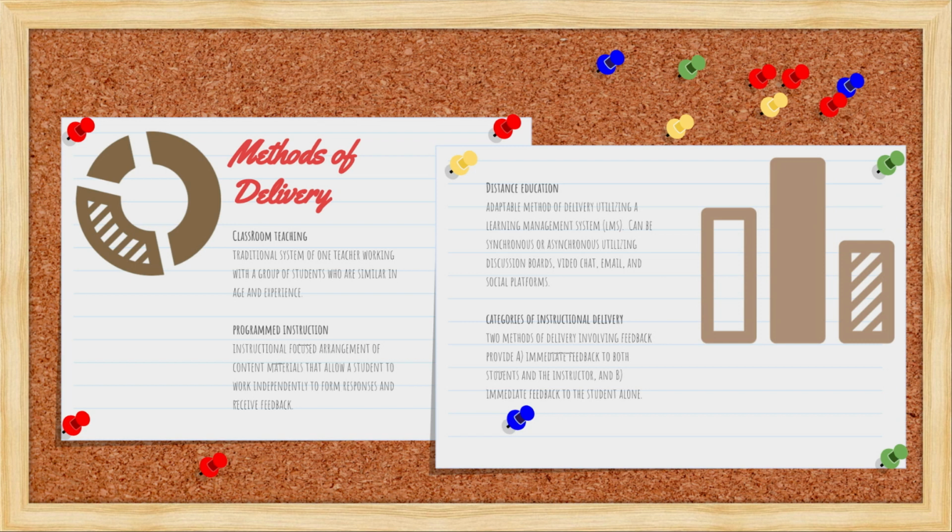Distance education is an adaptable method of delivery utilizing a learning management system. It can be synchronous or asynchronous, utilizing discussion boards, video chat, email, and social platforms, among other things. Two methods of delivery involving feedback provide A, immediate feedback to both students and the instructor, and B, immediate feedback to the student alone.